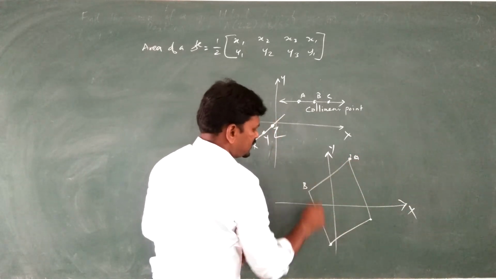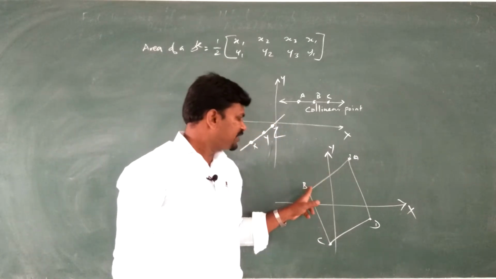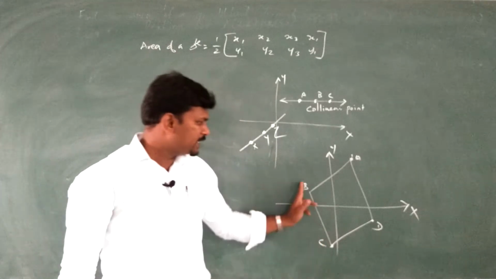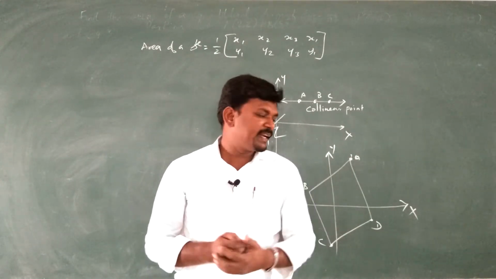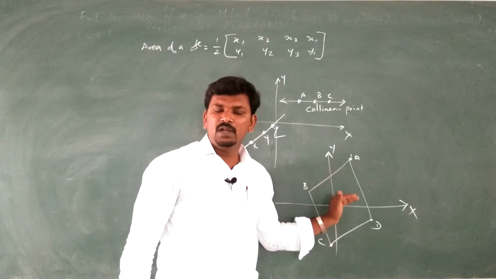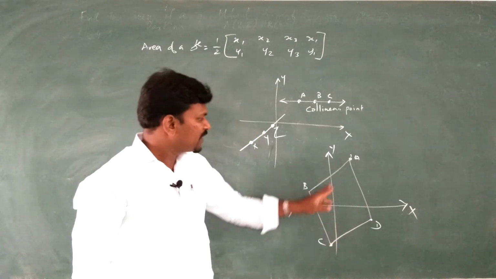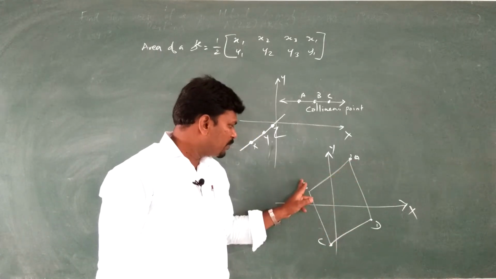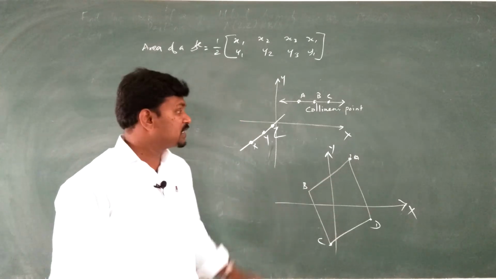A, B, C and D. If we join any 4 points on the Cartesian plane, it will form a quadrilateral. When solving a quadrilateral problem, first we have to plot the points on the Cartesian plane before we use the formula.